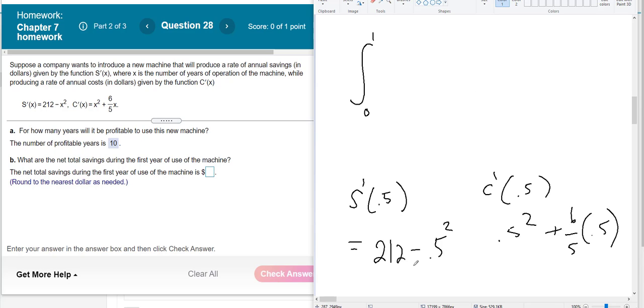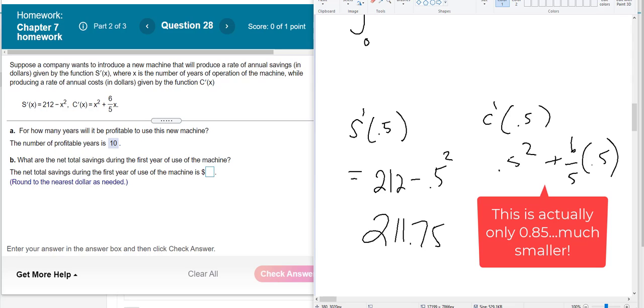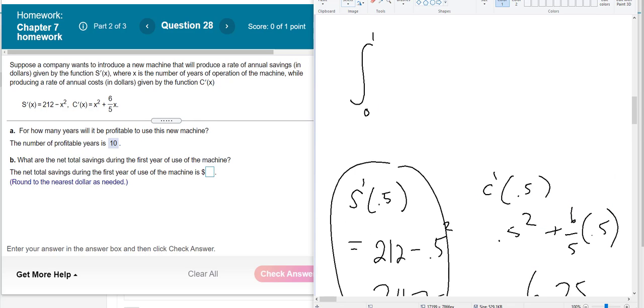I have a feeling this first one's going to be bigger, right? 212 minus 0.5 squared is 211.75. 0.5 squared plus 6 is 6.25. So this is the higher one during that period.